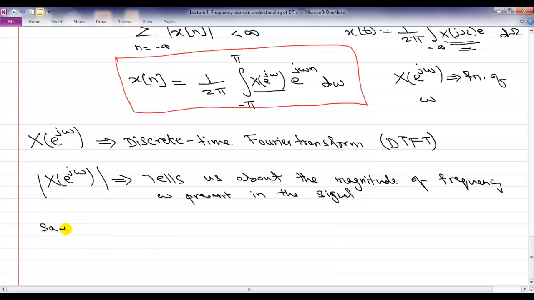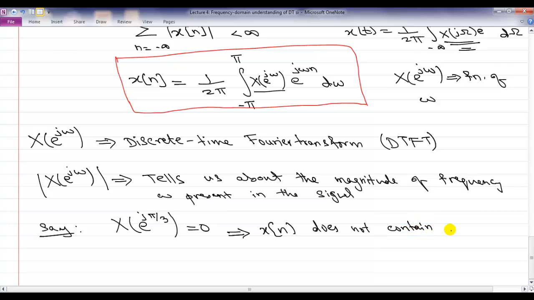So say if I had x of e to the j pi by 3, if this was equal to 0 for any signal, then this means that xn does not contain omega equal to pi by 3 frequency.